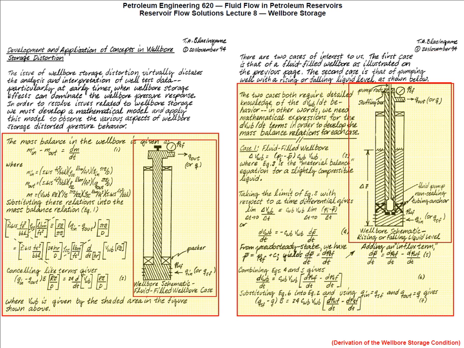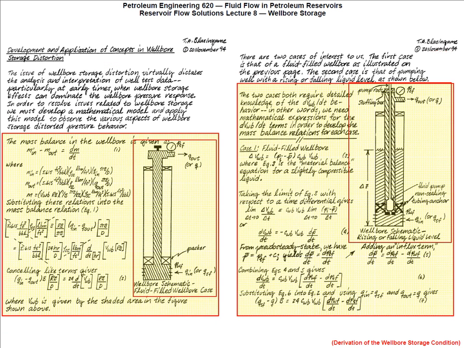So that's where that relationship comes from. And then finally, when we define our wellbore storage coefficient, in this case it's a very simple relationship. It's just the compressibility of the wellbore fluid multiplied by the wellbore volume.